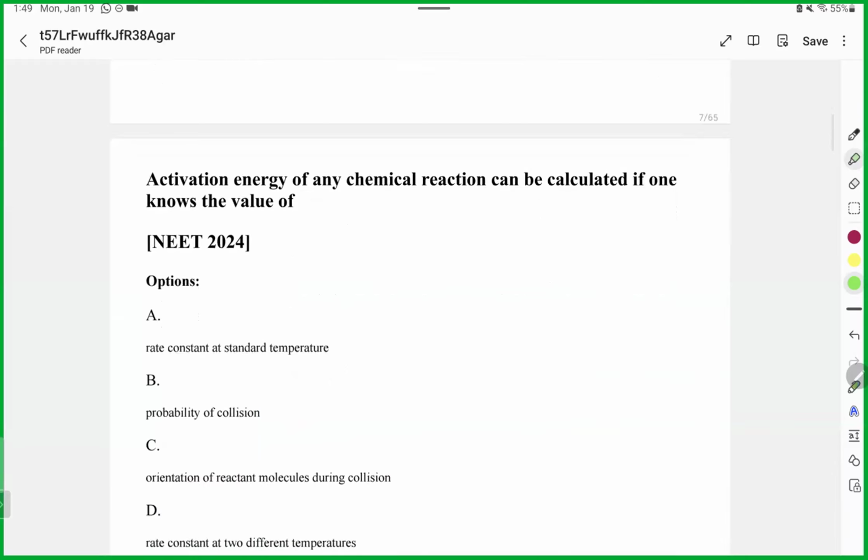Anvita, this question: activation energy of any chemical reaction can be calculated if we know the value of. The last one. Yes. If you know the rate constant at two different temperatures, at T1, what is your K1 and at T2, what is your K2?